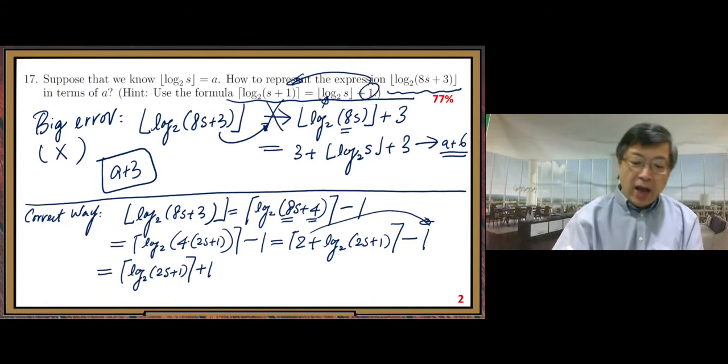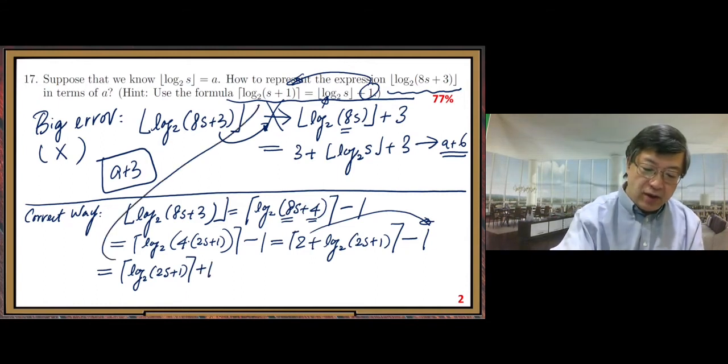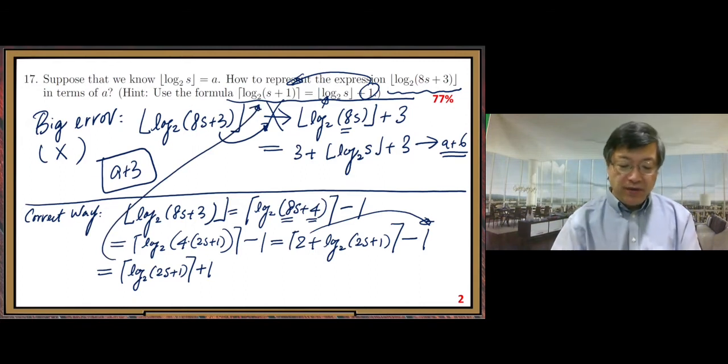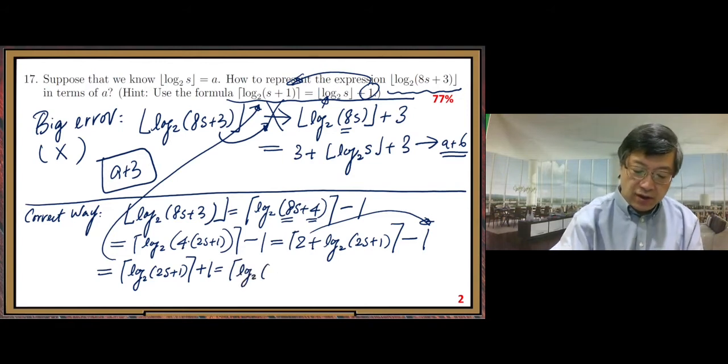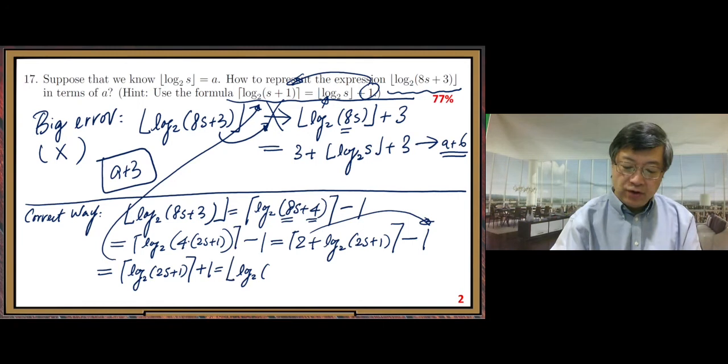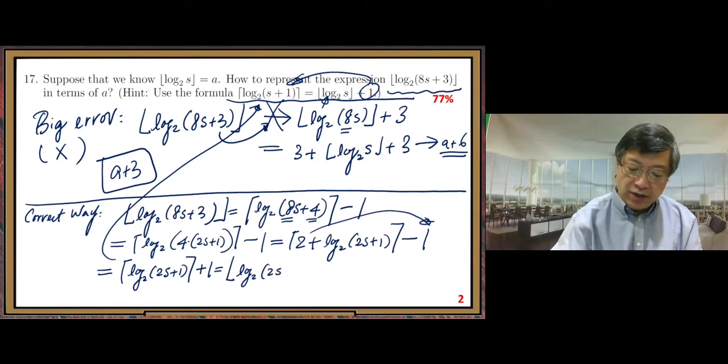Now you can use the formula another time, but this time you convert it to log base 2 of floor function. I need to write a floor function version. Floor function version, you need to minus 1, so 2s plus 1, so you plus 2.